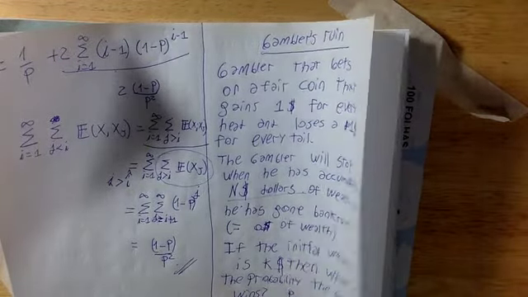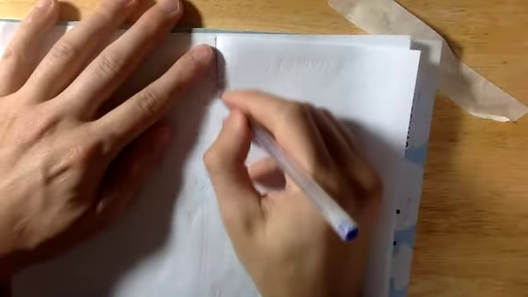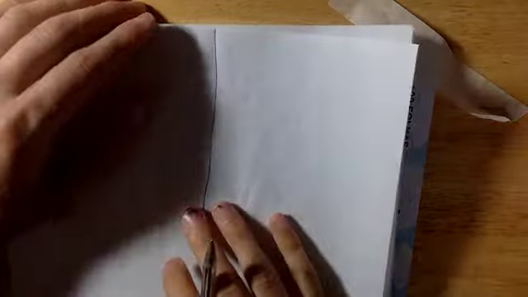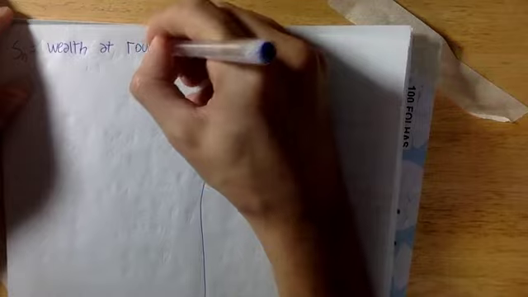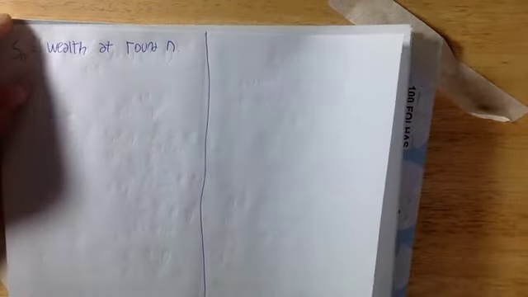Okay, so let's try to model this with random variables, okay? So let's say that Sn is equal to the wealth at round n, okay?